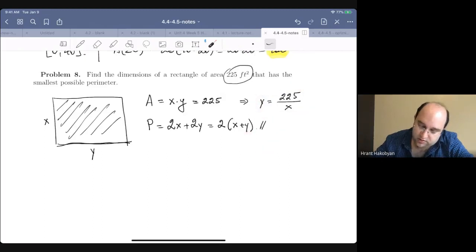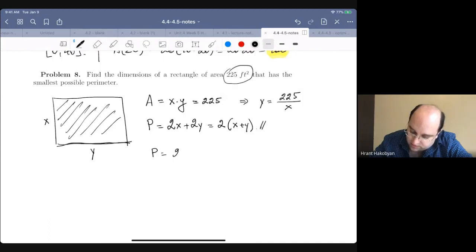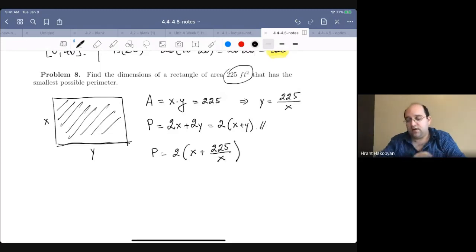So P is equal to 2 times x plus 225 divided by x. And I want to find where this function attains its minimum. Actually, find the dimensions, so find the x and y where it has the smallest possible perimeter.